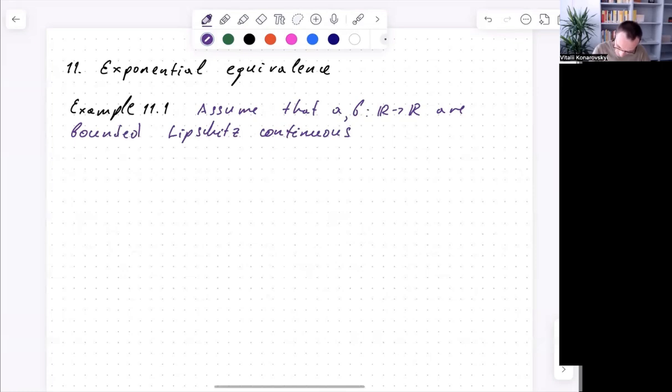We further assume that W_t, for t from 0 to capital T, is a Brownian motion.